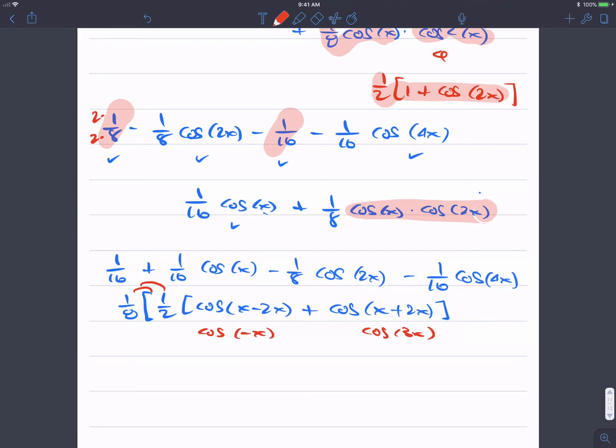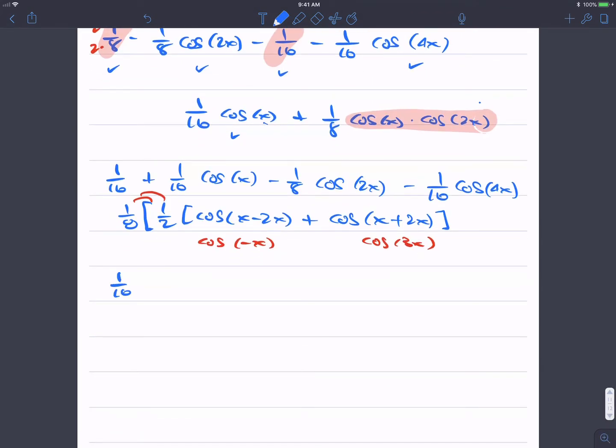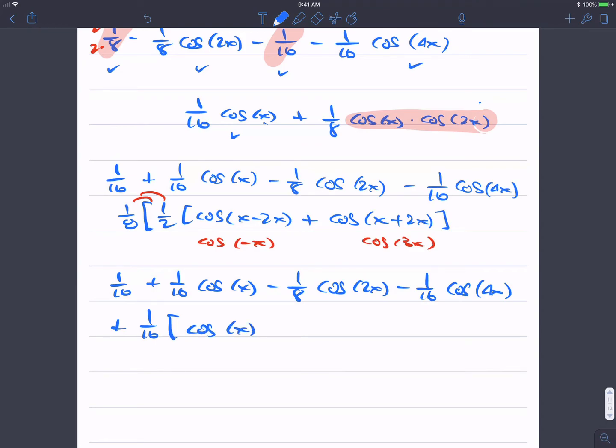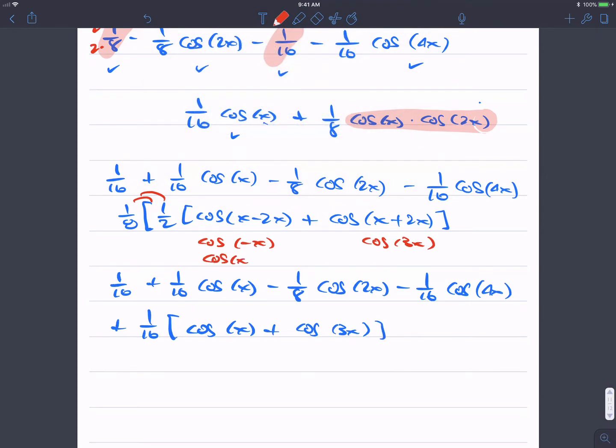That's 1/8 times 1/2, so let's write this down: 1/16. Notice what I also did. Cosine is even, so cosine of minus x here is just cosine x.